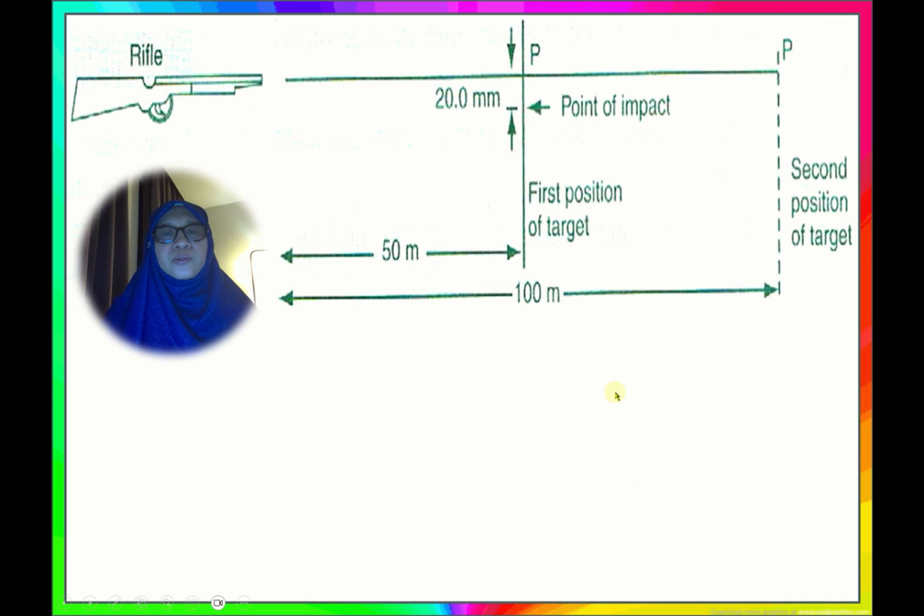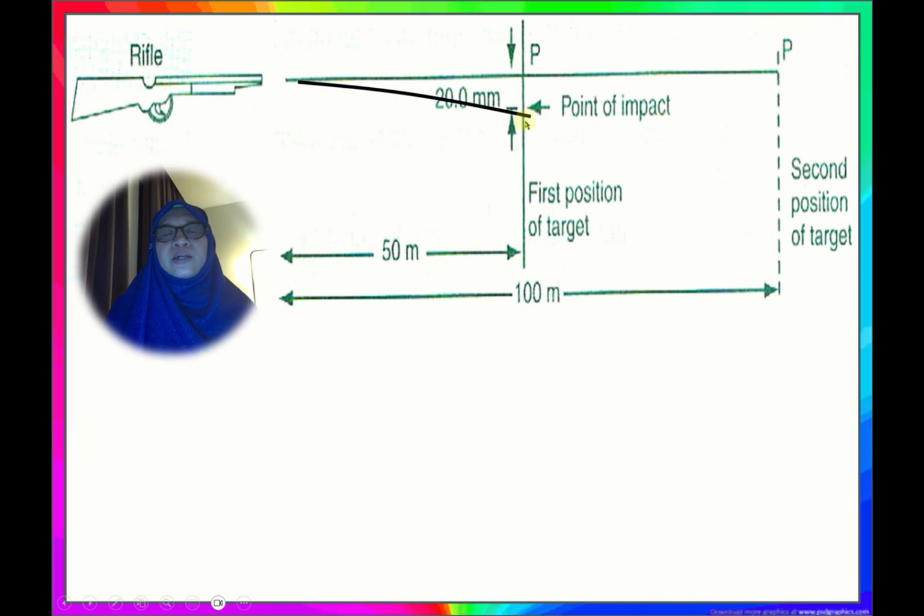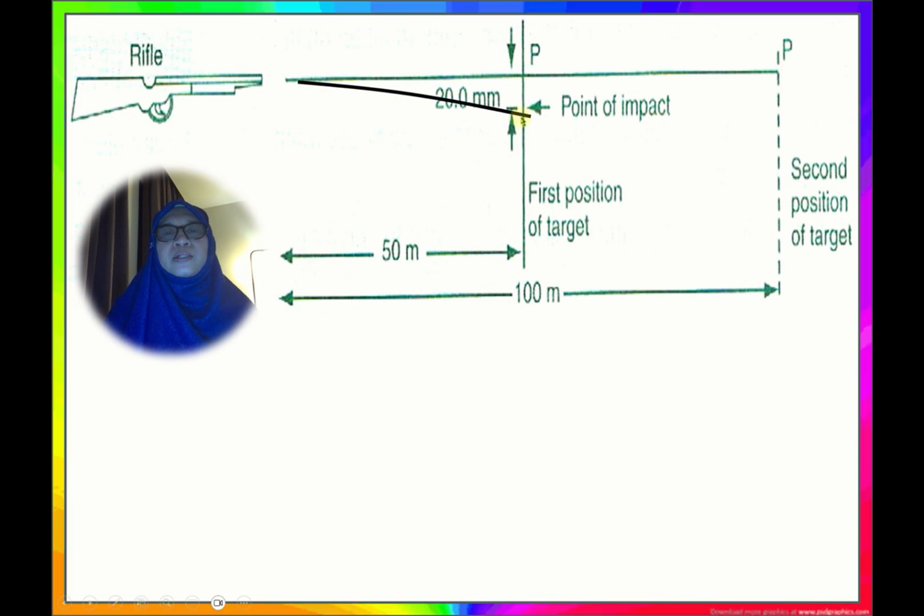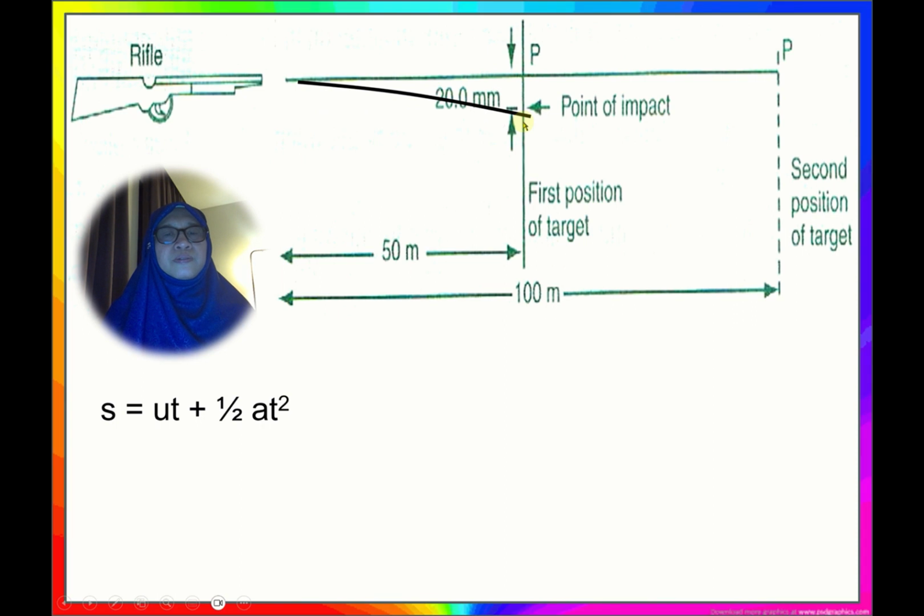Okay, so how to do? We divide into two parts. This is the projectile motion of the bullet. So the first is the strike here. So we take the first strike first. We use S equals ut plus half at squared.